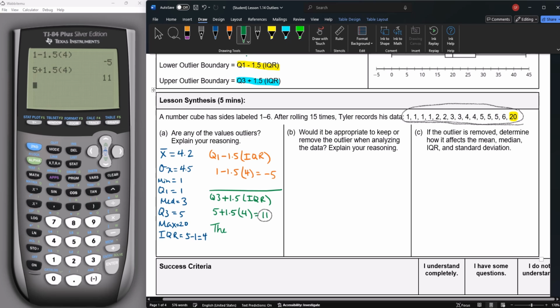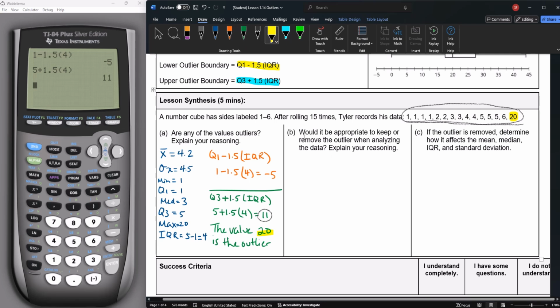So we want to say the value 20 is the outlier, and this is because it's greater than our upper outlier boundary. We suspected it was 20, and we just confirmed it by using the formula that was given.